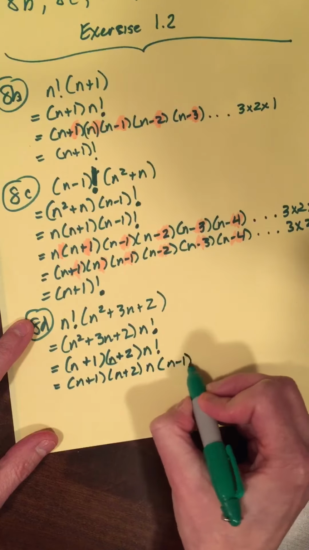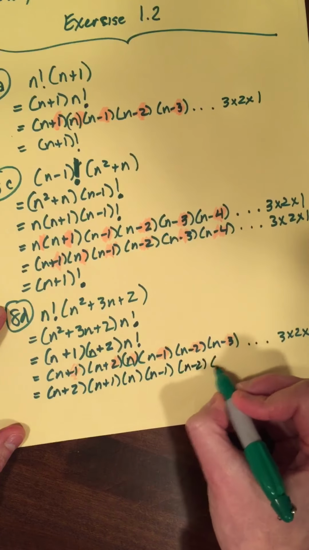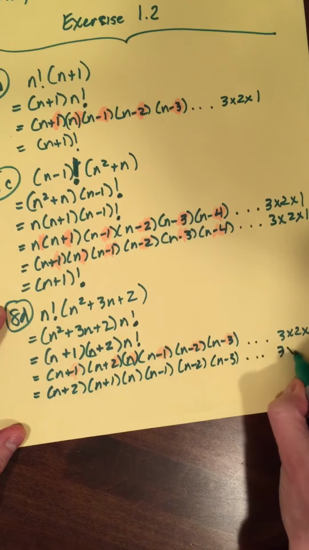This is going up by 1. That's not the way these work. N plus 2, n plus 1, n, n minus 1, n minus 2, n minus 3, dot, dot, dot, 3 times 2 times 1. 2, 1, 0, negative 1, negative 2, negative 3, simplified into n plus 2 factorial.